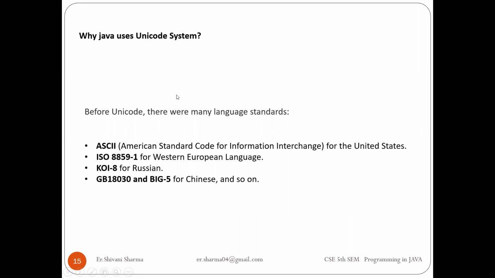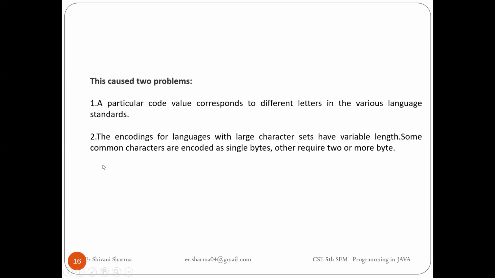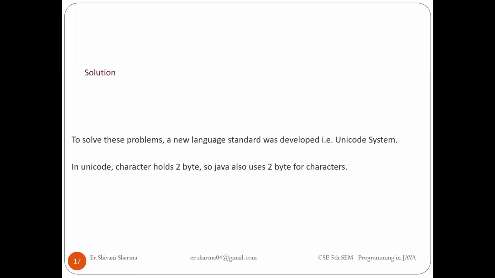If I am working on the KOI standard, I should have knowledge about this standard also if I want to work on it. That's why, for handling all these problems, Java used the Unicode system.